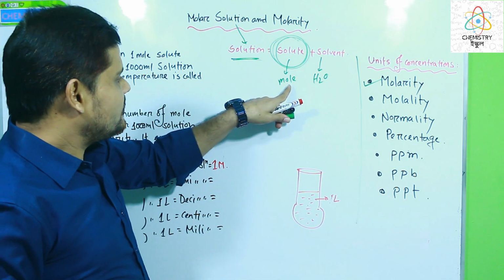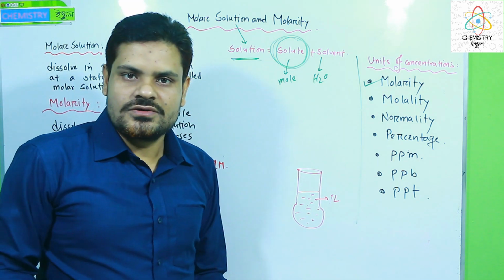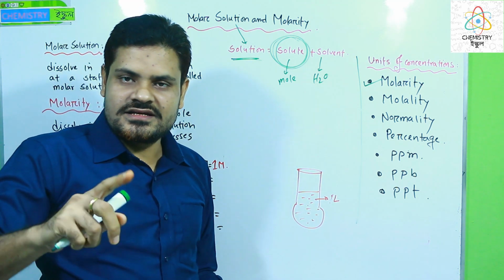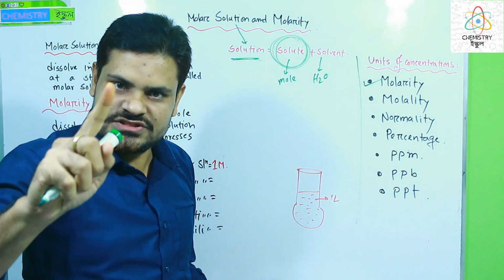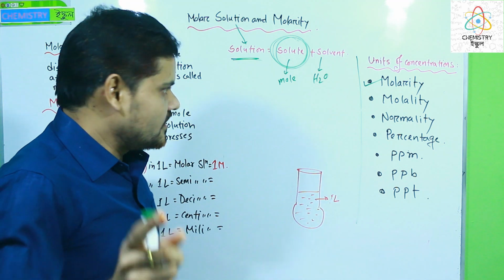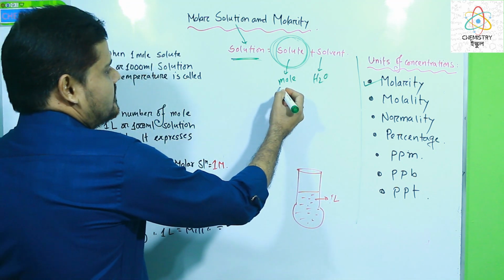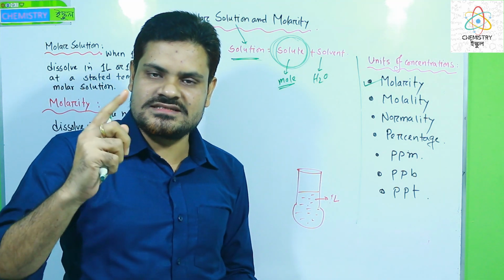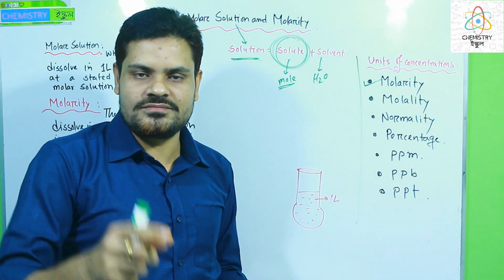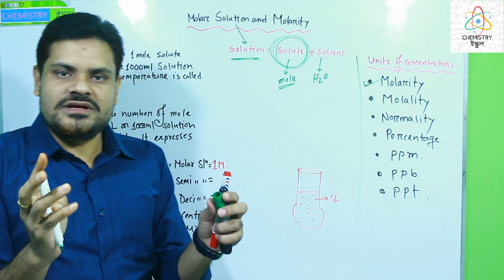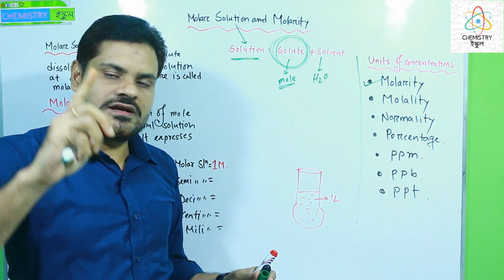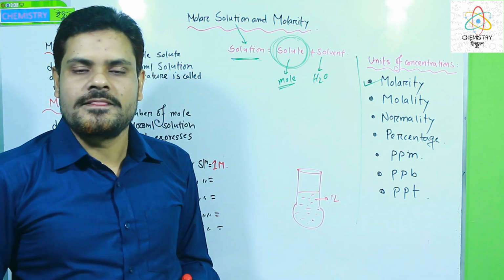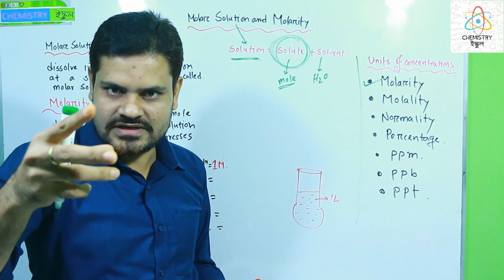First of all, dear learners, we have to know about the mole. What is a mole? I think this term is well known to you. Mole means when we express the molecular mass in gram, this is the mole. I mean, each and every chemical substance has a definite formula, and the formula mass is the molecular mass.